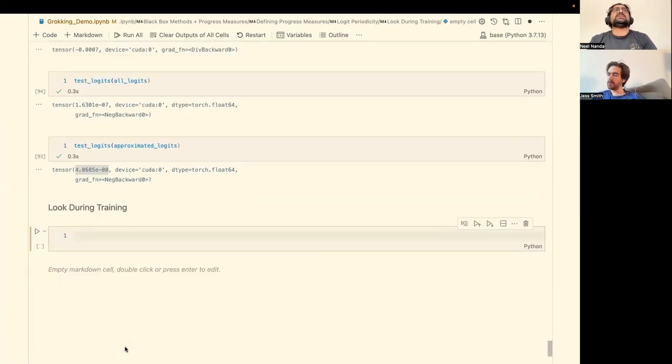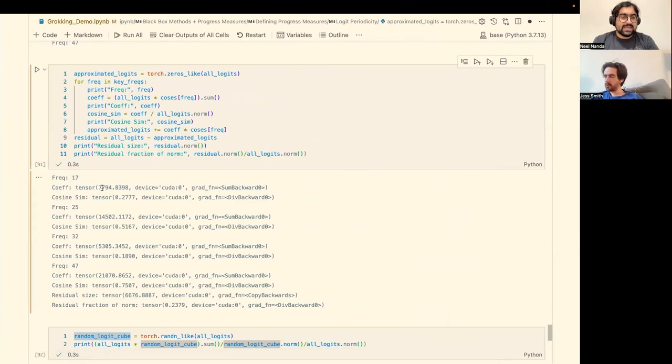The claim I'm making is that if we want to ask the question of A, how much is the model learning the generalized solution? But also B, how much is it learning the generalized solution for a specific frequency? Looking at these two numbers of how big in absolute terms is that part of the logits and what fraction of the total logits is explained by that one is just a pretty strong metric.